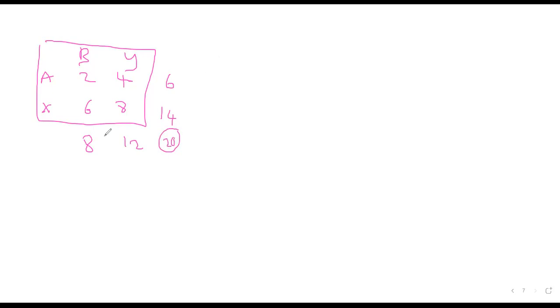So what's the probability of A? The total that A has is 6, and the grand total of the events, the total events E, is 20. So 6 over 20. Then B becomes 8 over 20.